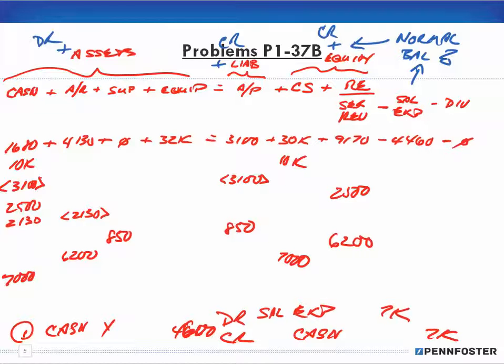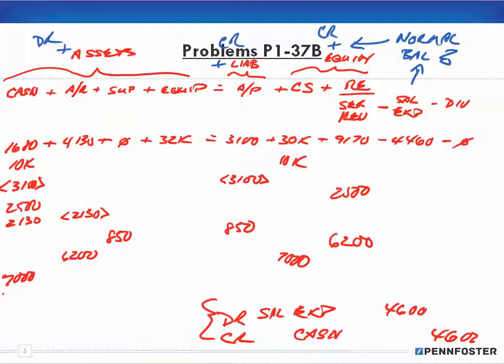Okay, so that is my journal entry. All right, that's my journal entry. So, no, not 7,000, 4,600. I'm sorry, the salary payment was for 4,600.